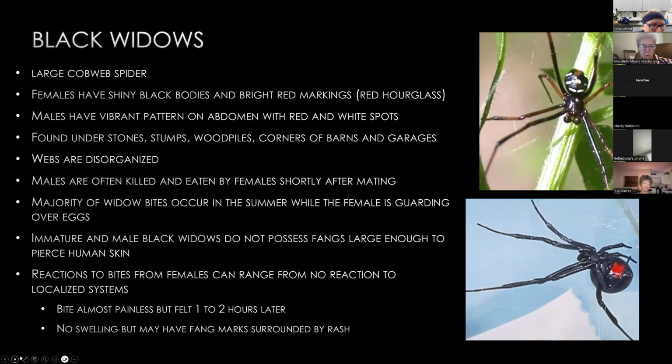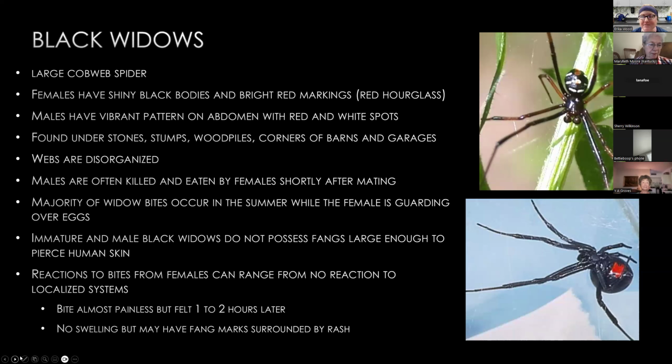Why it's called the black widow, a lot of you may already know this: with some spider species, females will eat the males after they mate, okay? And that is the case with black widows. Most of the time, the male black widow is going to be killed and eaten by the female shortly after they are done mating.